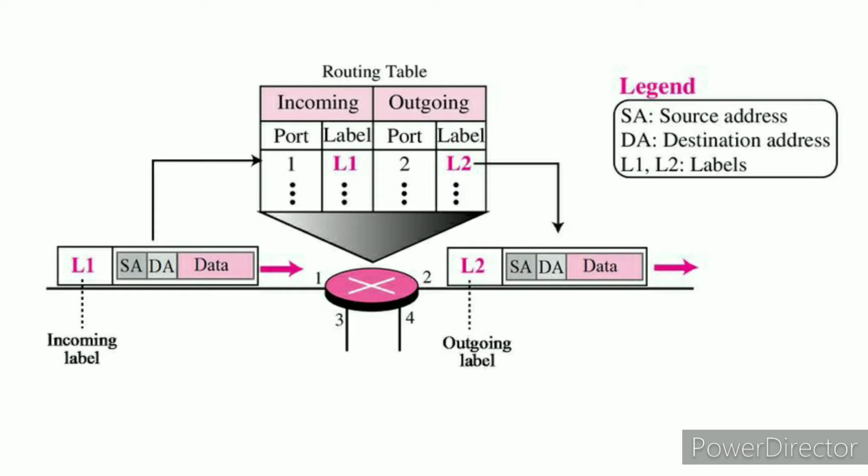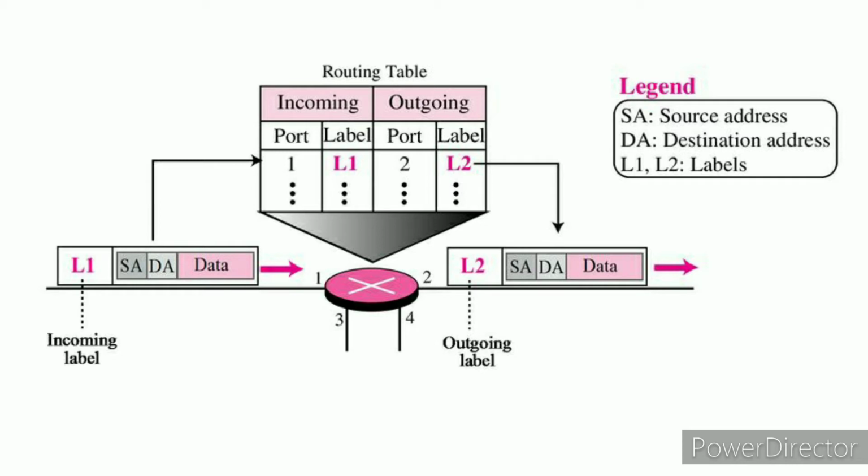It will assign a different label that is called L2. So we can see this. It is going through port 2 and it will assign a label that is called L2. This is the function done by the router over 4 entries, and here in the forwarding table, one is incoming and the second one is outgoing port.